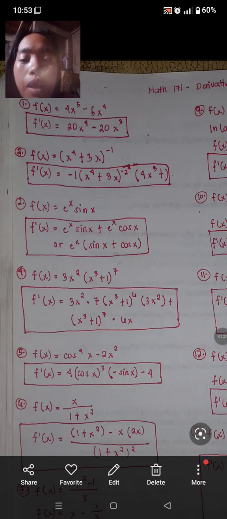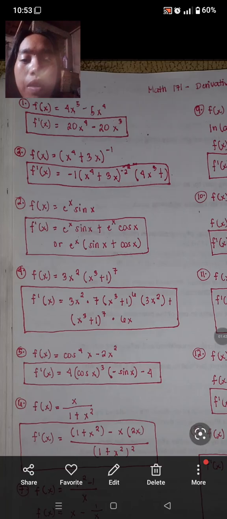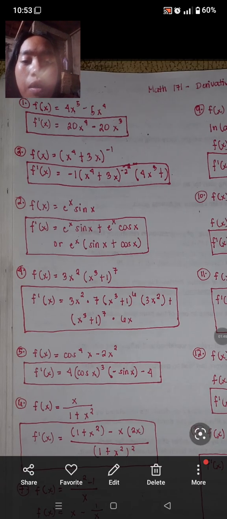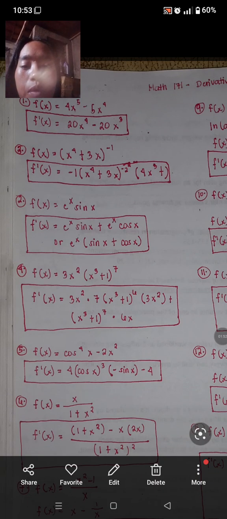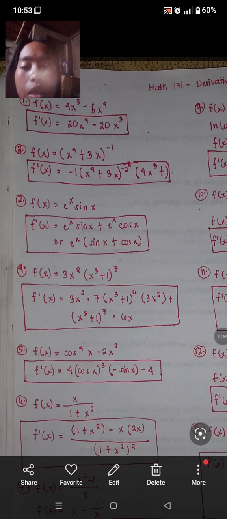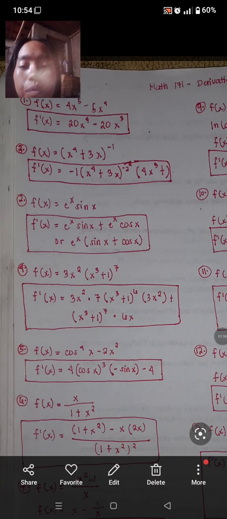Negative 1 minus 1 is negative 2, that's why it's negative 2. And then the derivative of the inner function, x to the fourth power plus 3x, that would be 4x cubed plus 3. I'm sorry, there should be a 3 there.